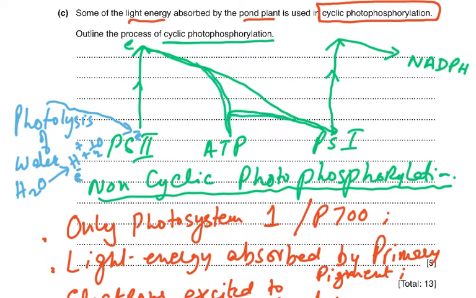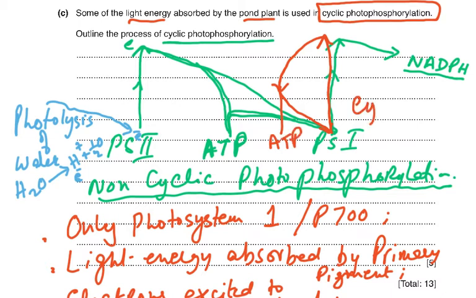And this formation of ATP is called non-cyclic photophosphorylation, while also NADPH is made in the non-cyclic photophosphorylation. But what happens in cyclic, I'm drawing that in red, is the electron is excited, it returns, it doesn't go ahead, it returns to PS1 and ATP is made.